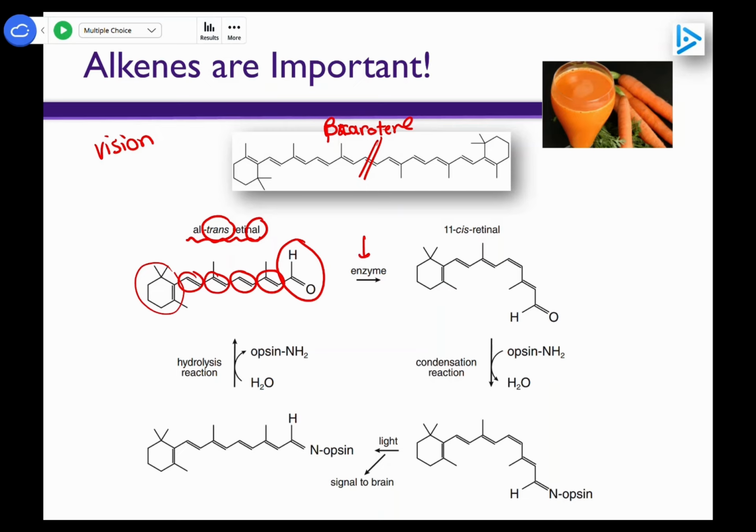You have a protein in your body that can take this trans version, where all those double bonds that could be cis or trans are in trans positions. This enzyme is able to do an isomerization reaction, breaking the pi bond between the indicated carbons here.